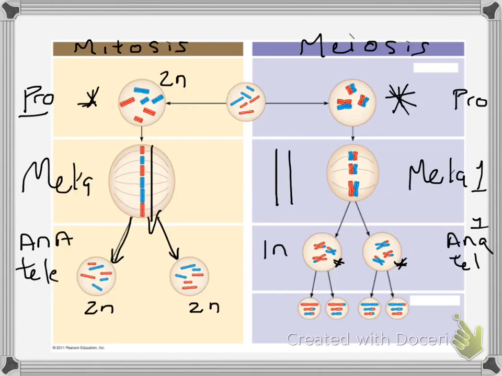These cells are haploid. We start out with 6 chromosomes up here, diploid. After anaphase 1, we are haploid. Then after meiosis 2, we separate the sister chromatids, and we end up with 4 haploid cells.